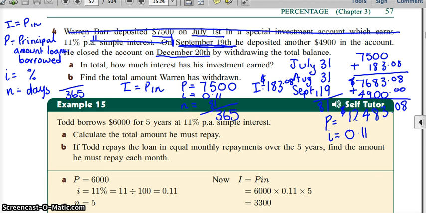Okay. What's your N? Do you know how you'd work out your N? What do I use, the December 20? What do you think? Yes, you're going from September 19 now to December 20. You told me that.